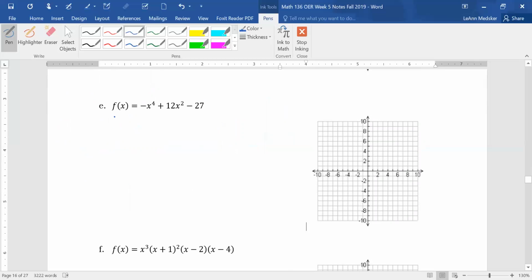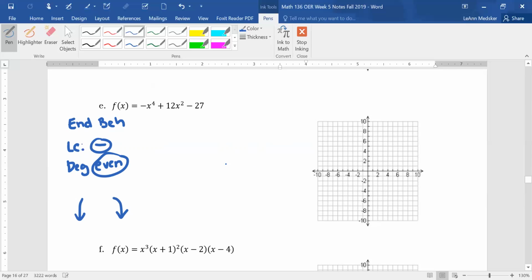If I was going to start off, I'd do my end behavior first. So the leading coefficient is negative. The degree is the highest power, which is even, since it's 4. That means we are going in the same direction, and negative means they are both going down.